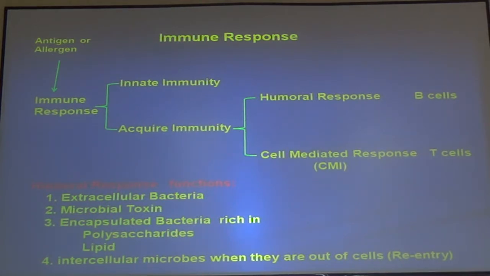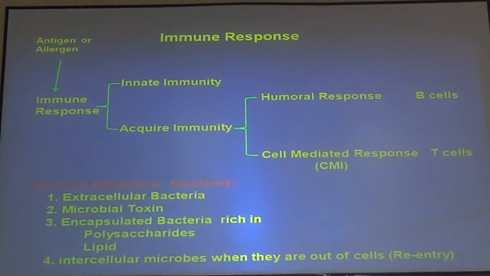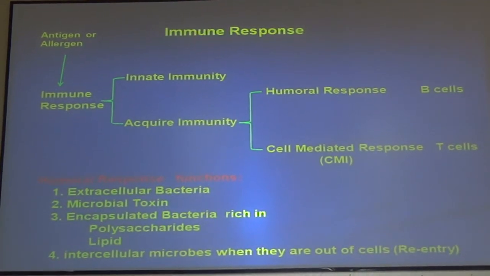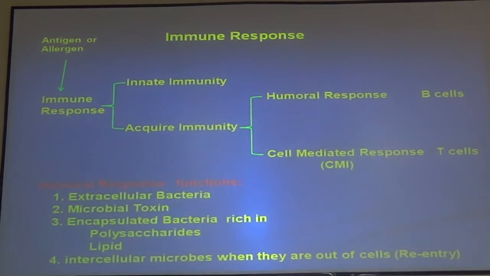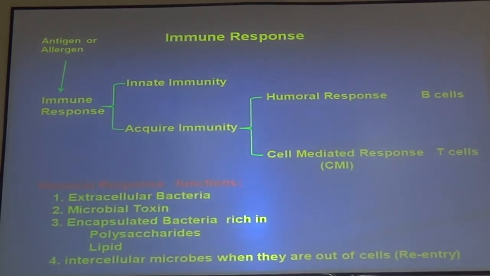You mean in the humoral response functions, these bacteria or microbes in the body or in the cells, is it immediately working, or is there something else? Yeah, it's a good question, because of what this immunology course means to you: we usually talk about how the immune system confronts the pathogen. But confronting other things is a completely different story.